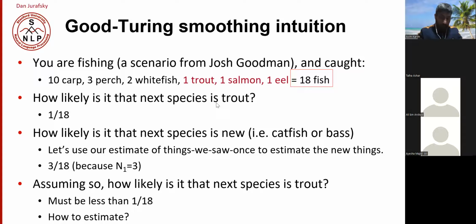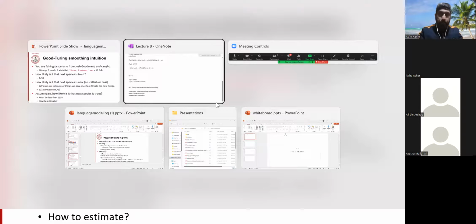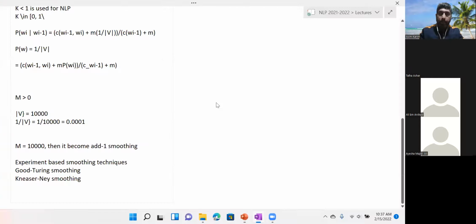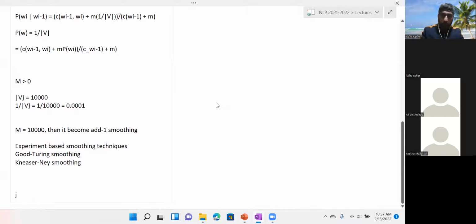In our case, N1 was 3. What were those? Trout, eel, and there was one other thing, I don't remember. Okay, so 3 things occurred once.